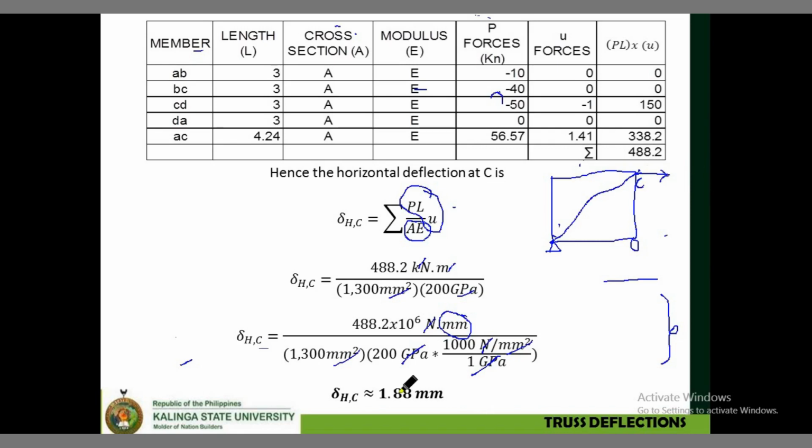And lumabas sa calculations ko na ang horizontal deflection at point C is equal to positive 1.88 millimeters. Positive, which means yung assumed ko na direction kanina na to the right ay tama. Once na yung sagot na nakuha nyo dito ay negative, ibig sabihin mali yung direction ninyo. Okay po ba tayo dito sa example number 1 before I go to the next slide?